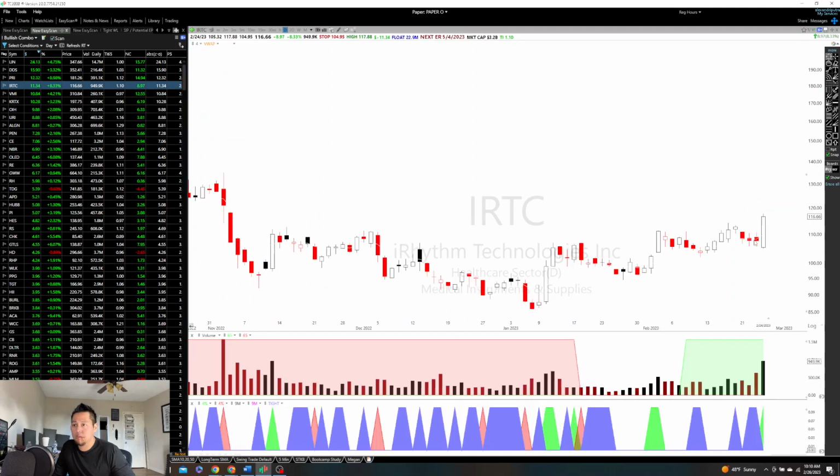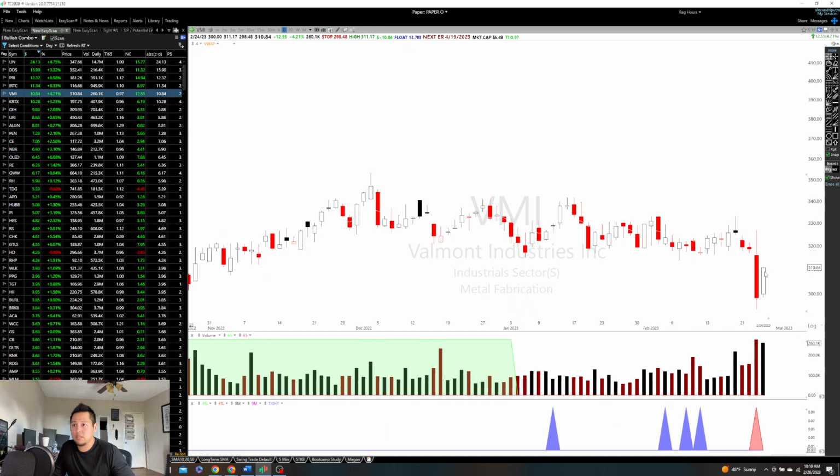We can keep looking at it. IRTC, again, a breakout, but previously it was predicated by a tight day. This one's actually an inside day. It wasn't really a breakout, because the candle sort of engulfed the following candle.